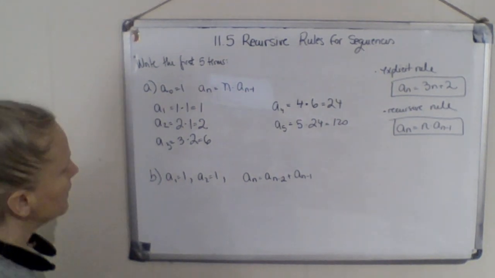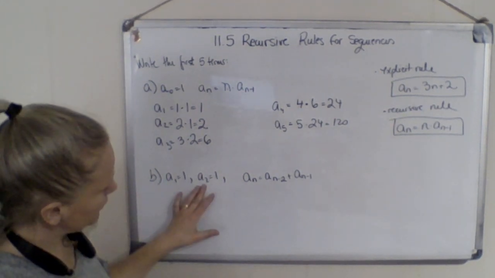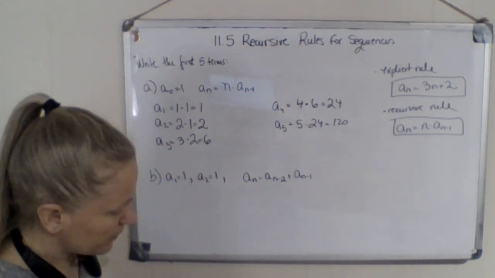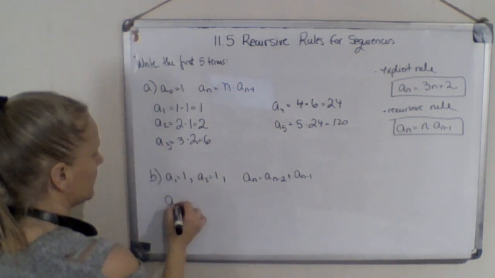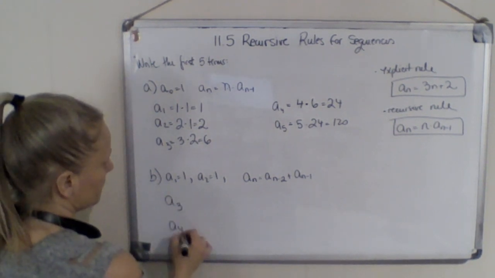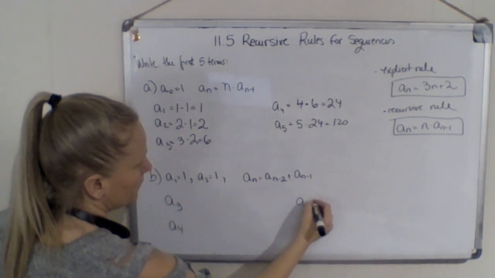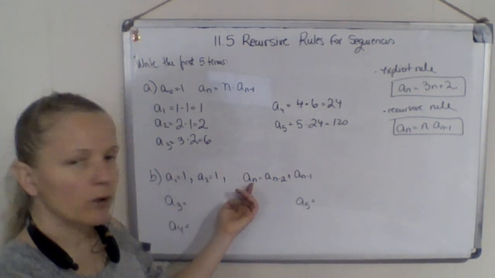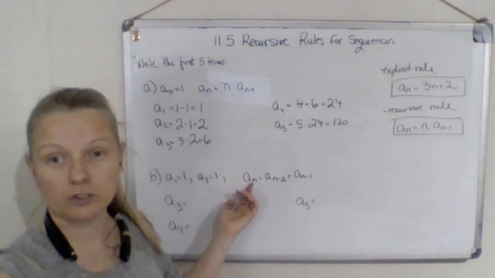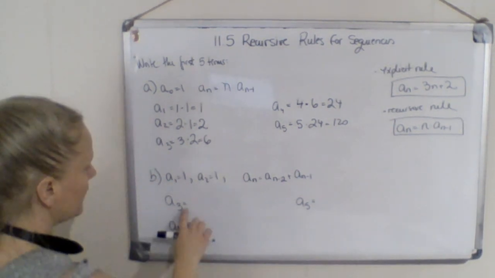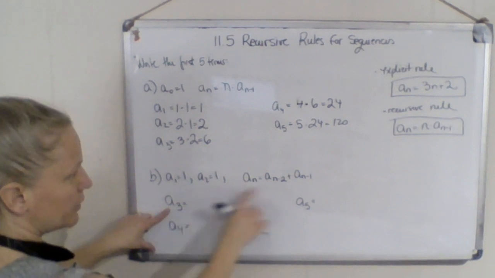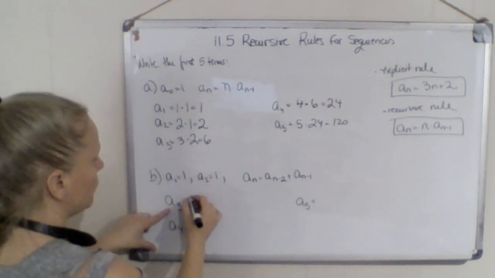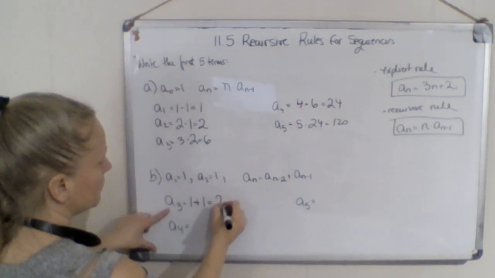Here's the second example. a1 is 1, a2 is 1, and we need the first 5 terms, which is great because we just need a3, a4, and a5. And they tell me the rule: whatever term I'm looking for is the sum of the 2 previous terms in front of it. So for a3, I need to add a1 and a2, right? This becomes 1 plus 1 equals 2.